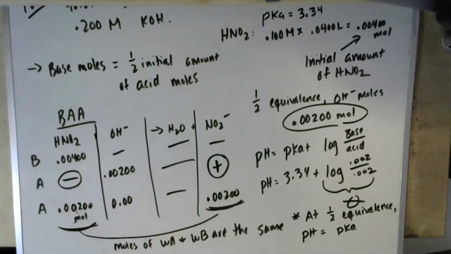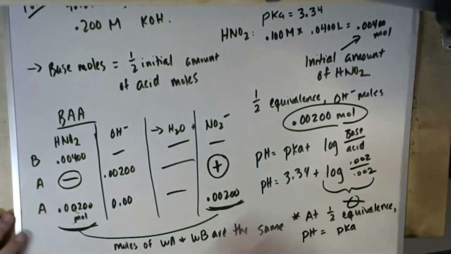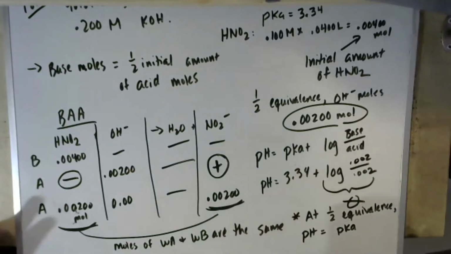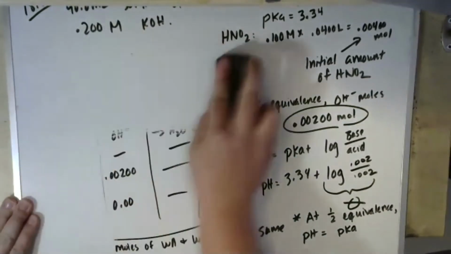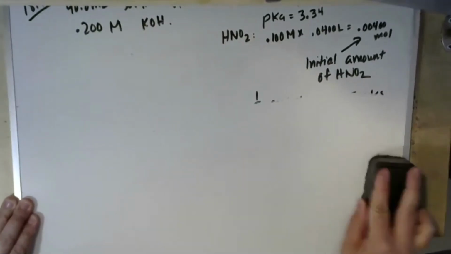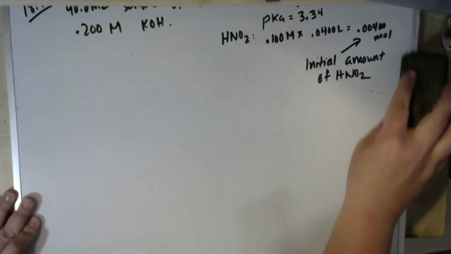All right, so now we're going to look at parts C and D, which are asking us about the equivalence point here. We're going to use the same type of thinking that we did for the half equivalence point to tackle the equivalence point. We know the definition of equivalence point.